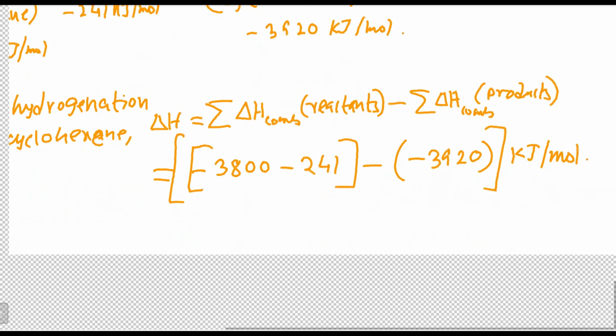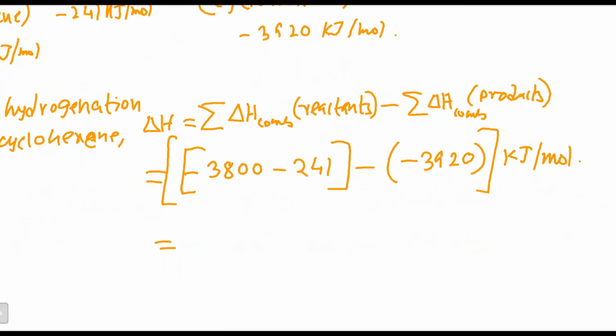If you solve this, you will get minus 121 kilojoule per mole. This is your heat of hydrogenation, and this will be your answer. This is one subjective type of question. No options were given, so you just have to find out the answer and mention it.